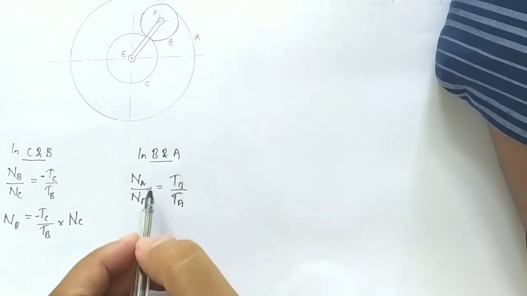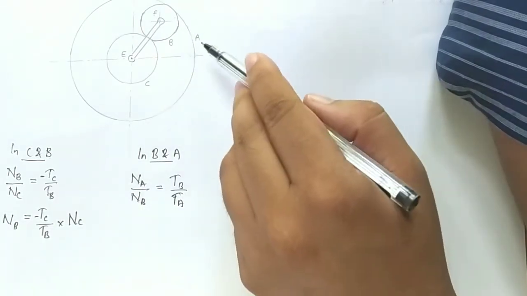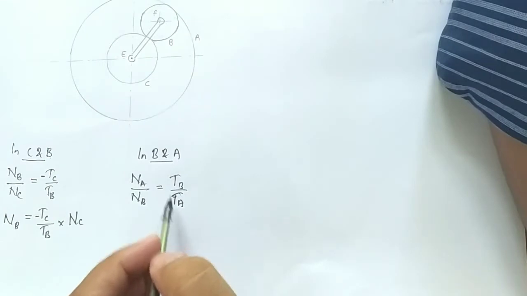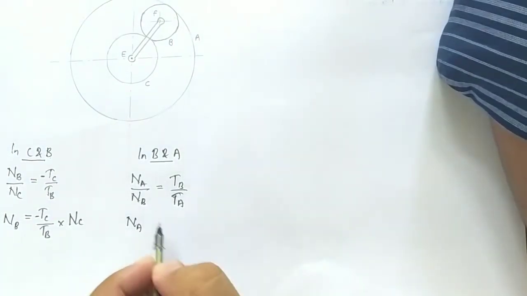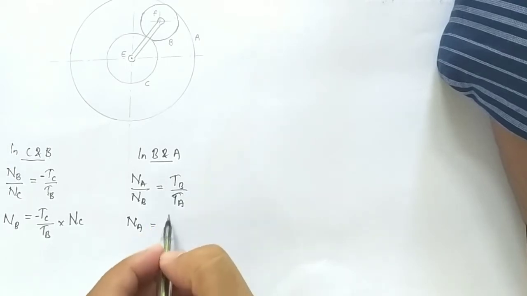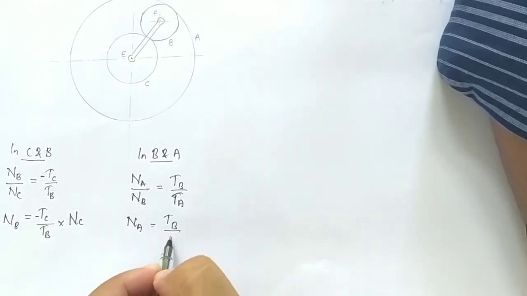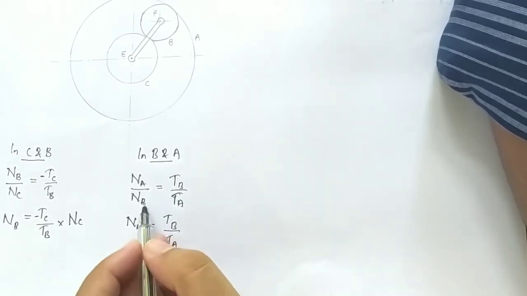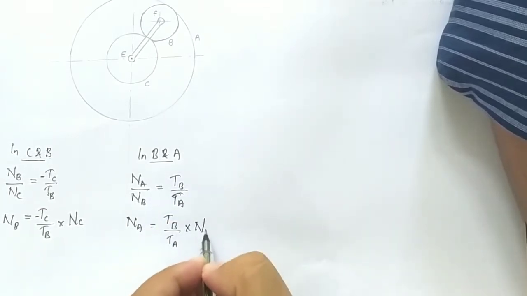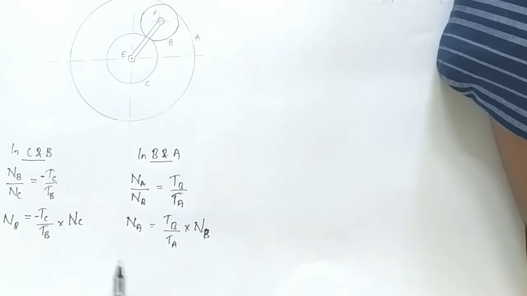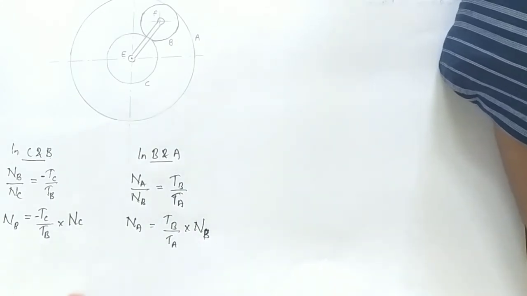It is positive because here it is meshing internally, so the ratio will be positive. So NA, the speed of gear A, equals TB by TA into NB. So what is NB? The NB value we have already found out here. This value you can substitute there.